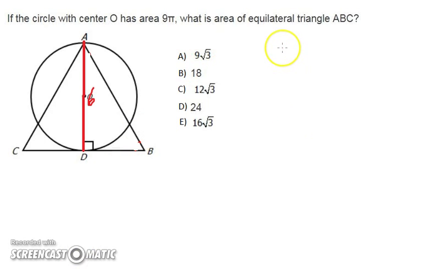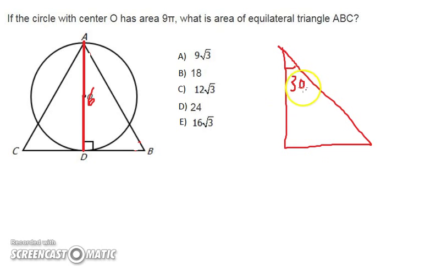So remember, for our 30, 60, 90 triangle, if this side's x, this side's 2x, and this side is x times the square root of 3. I put this up here because when it was down here it probably got blocked out by that little logo. So I'll show you this again up here.